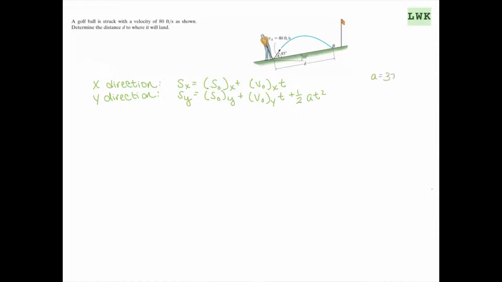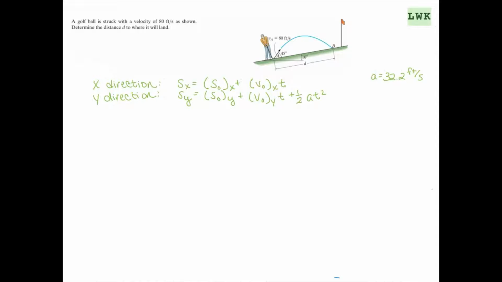And we are going to use a as gravity, and that's going to be 32.2 feet per second squared. And now we can start looking at the problem and what we're given. So right away, we're going to know that we're going to use our x and our y equations. We're going to break this down and solve this again in the horizontal motion and the vertical.